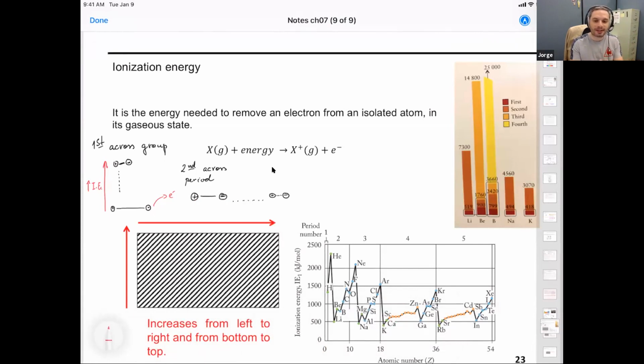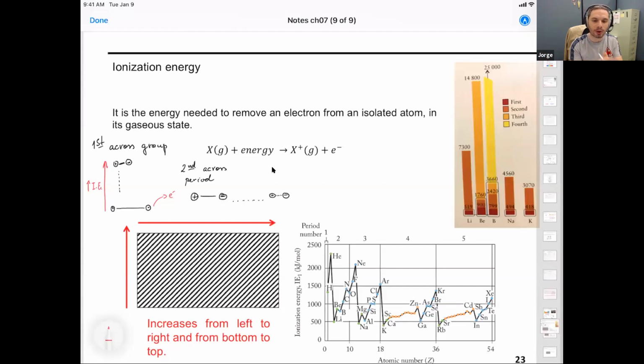And again, let's think about the energy needed to remove the very last electron when we move from left to right across the period. Think about how hard it will be to remove this very last electron.